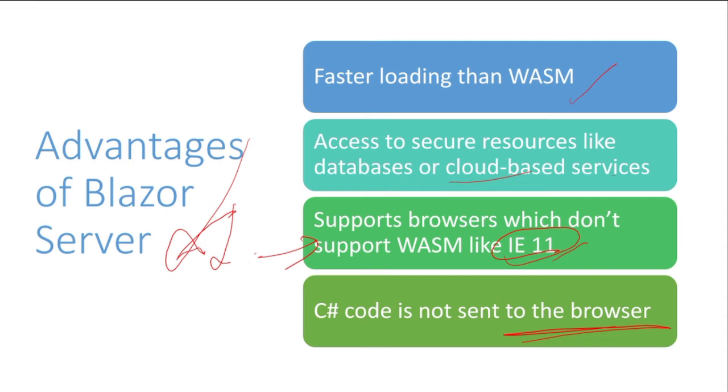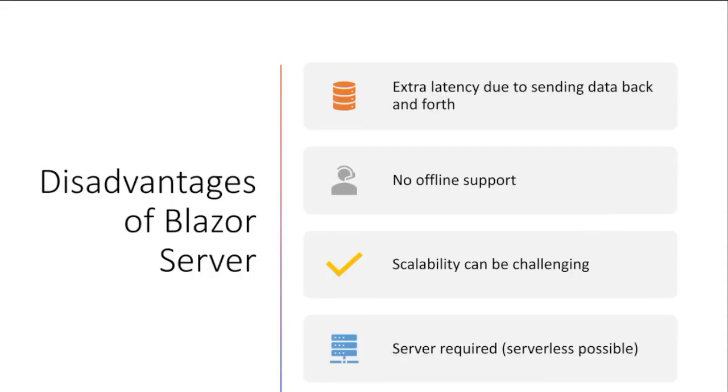Next, the disadvantages of Blazor Server. Due to the passing of information between the server and client, the application waiting time will sometimes be high, which means latency. It doesn't support offline use because it uses servers.